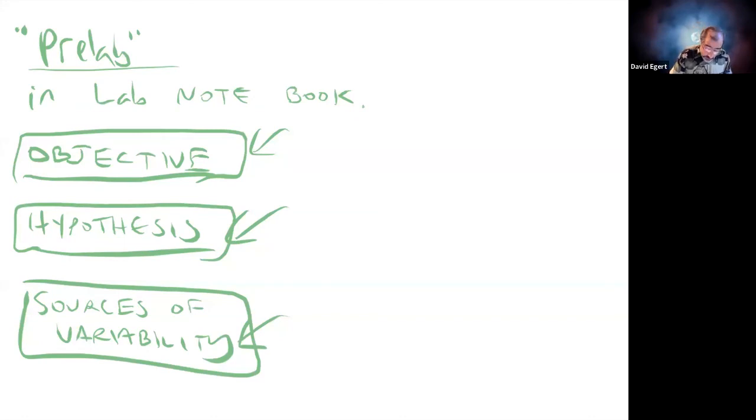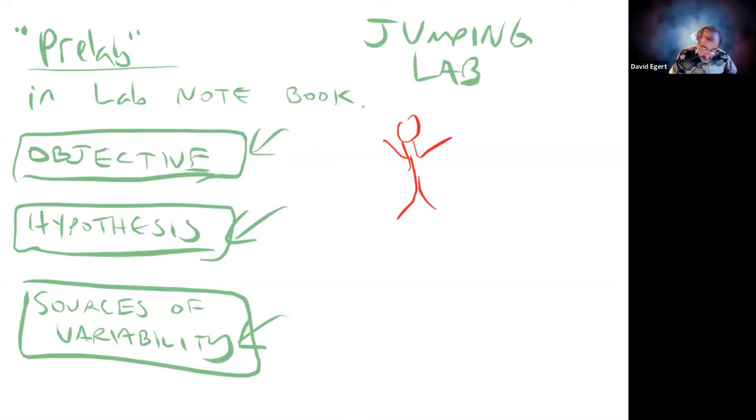For the jumping lab, I've talked about this a little before. I'll just review it briefly. We're going to take some measurements from a person. So we're going to take this subject. We're going to measure their height. We're going to measure their calf circumference.